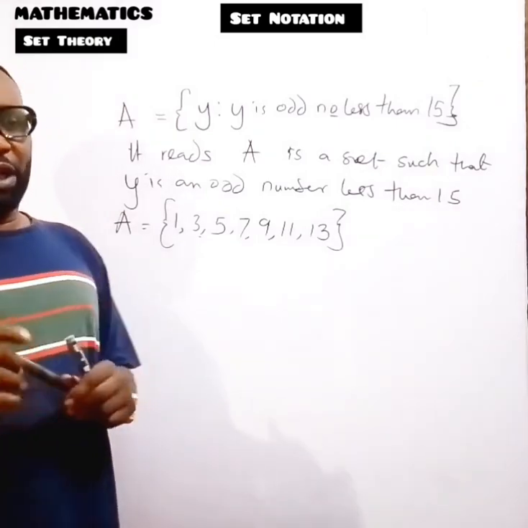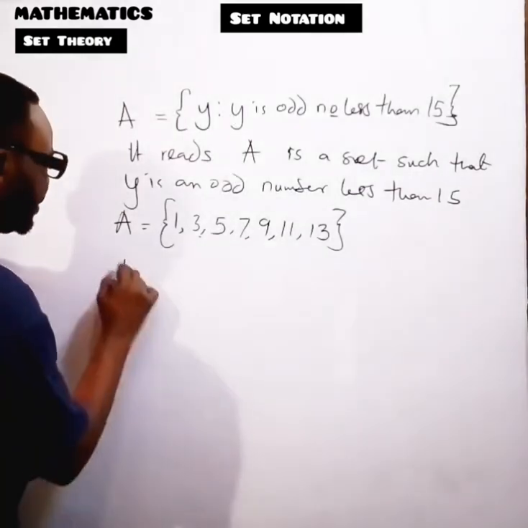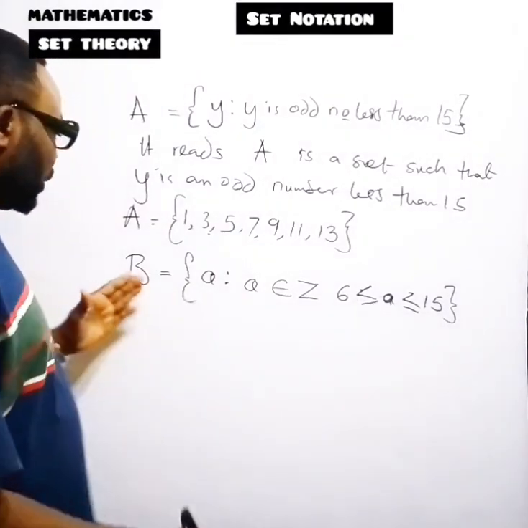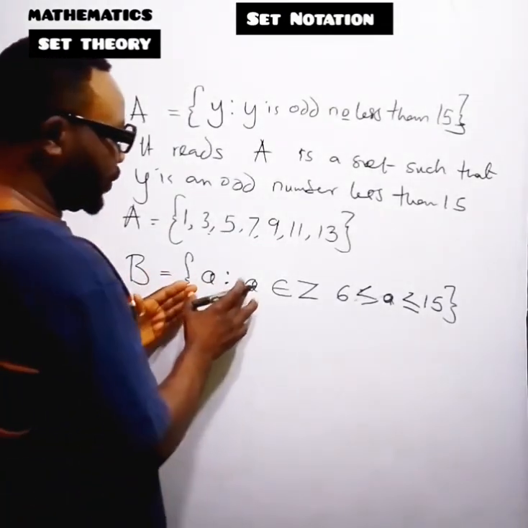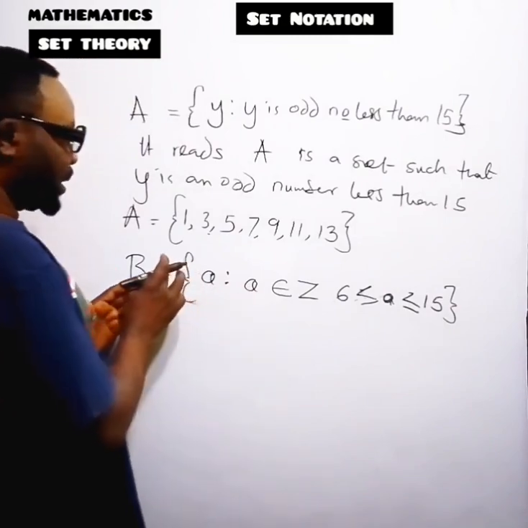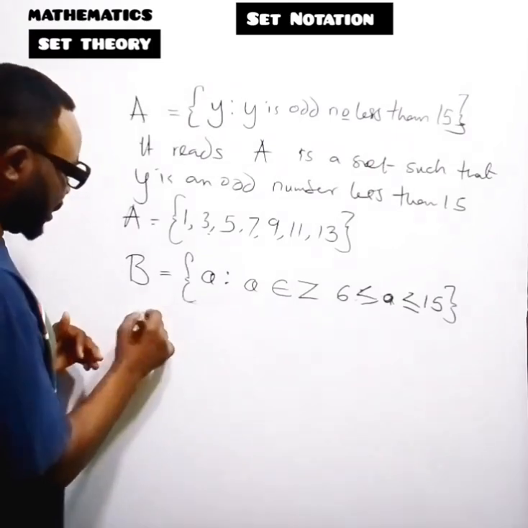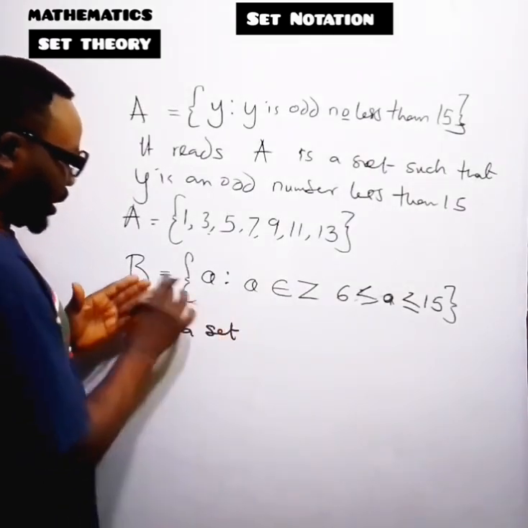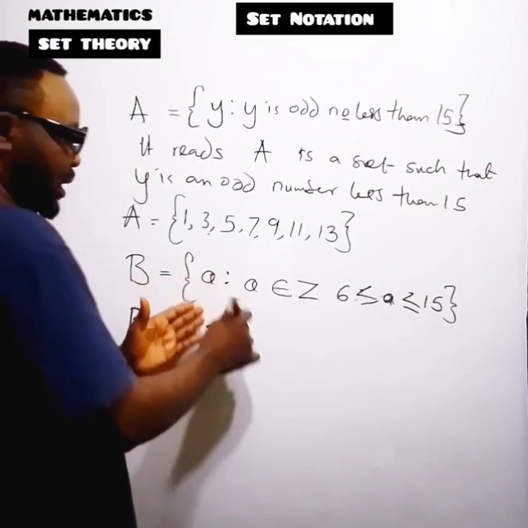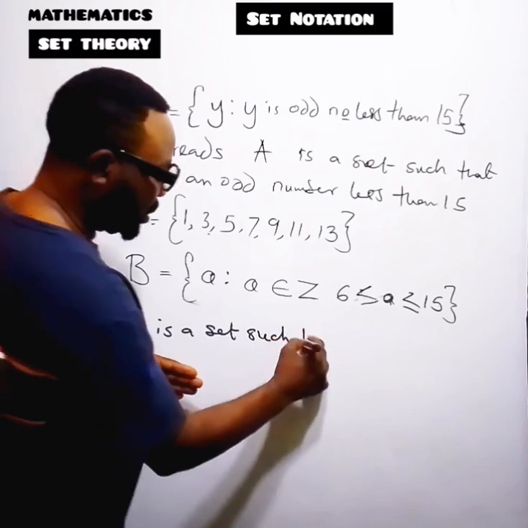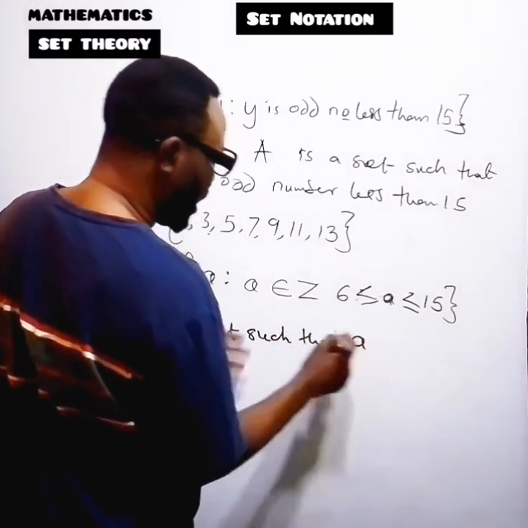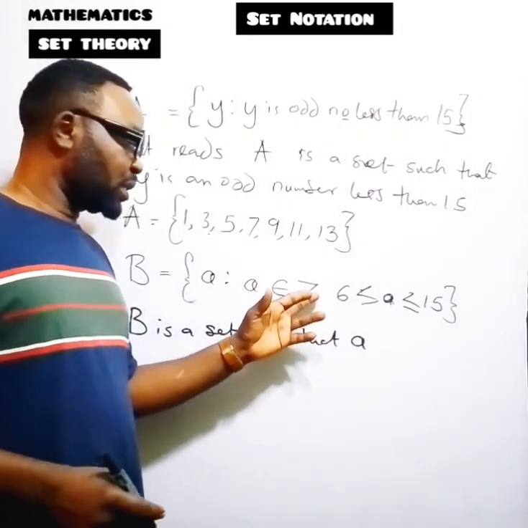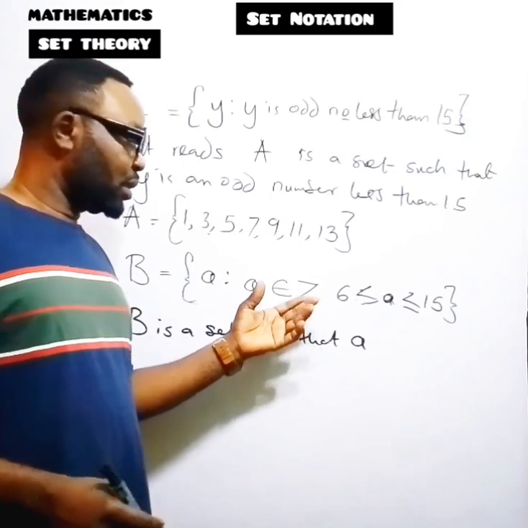Now, I'm going to give you another notation. You have this: B is a set such that, taking a look at this expression very well here, the translation of this particular set notation means that B is equal to a set such that A is a member of, what is this symbol?